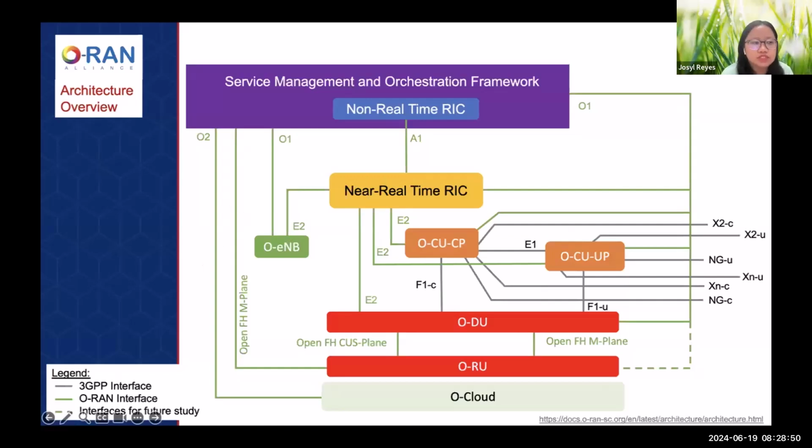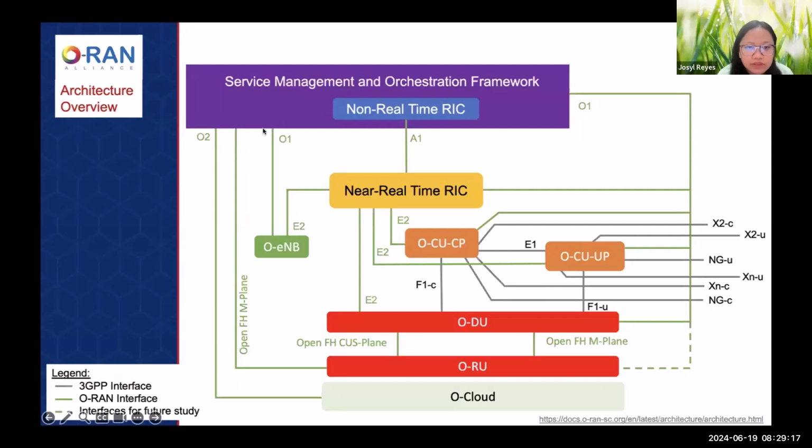For example, if there's a need to train AI models, machine learning models, for long-term development, for prediction, traffic prediction, and things like that. Then the near real-time RIC will be focused more on the immediate tasks. So we have two important interfaces here, the E2 and the A1 interface.